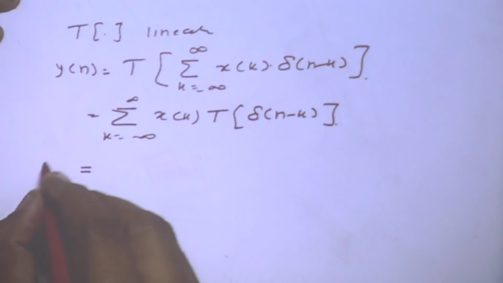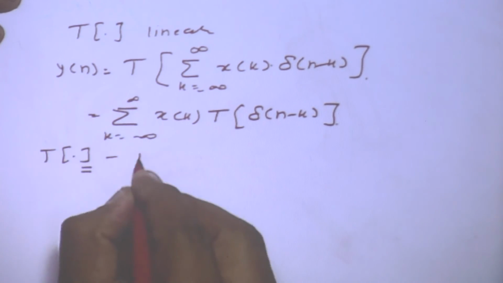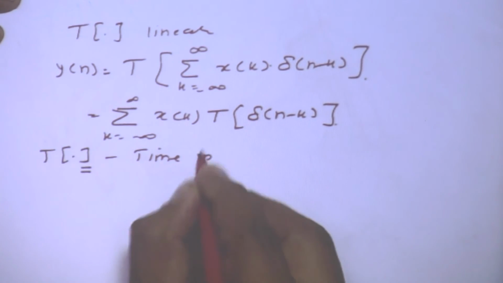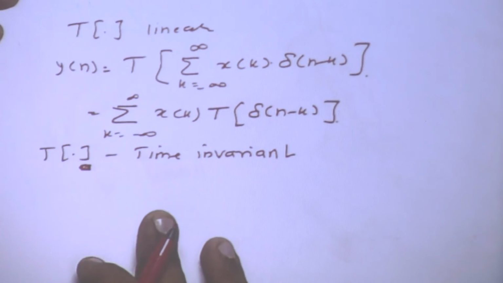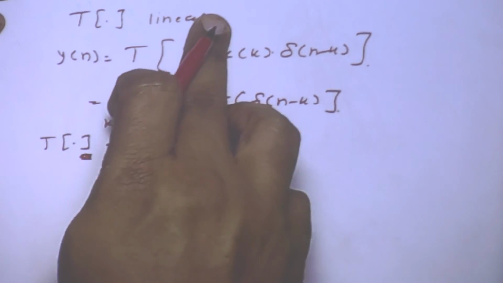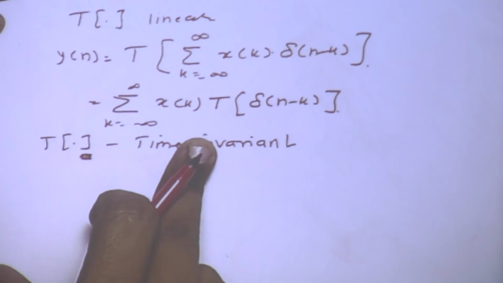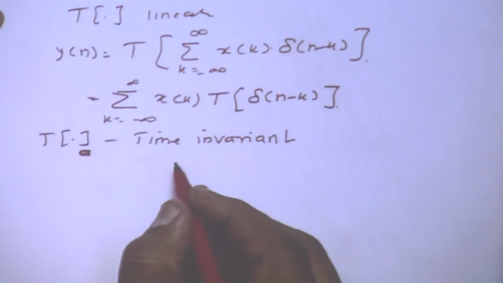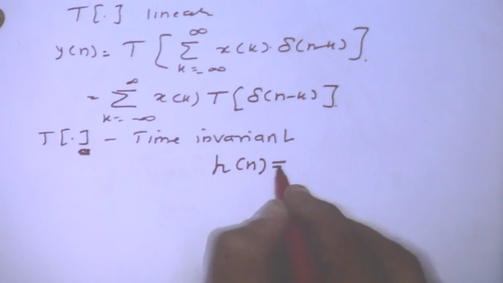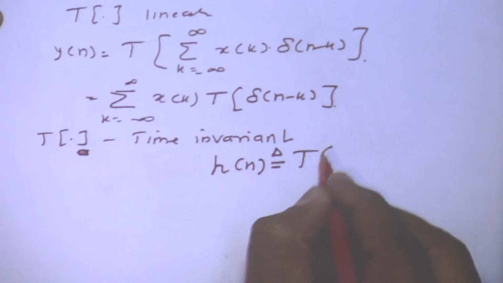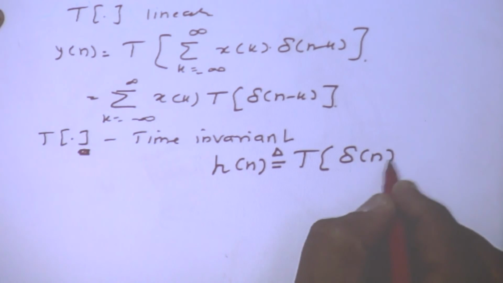This is equal to, now say that T is time invariant. Define T as time invariant. That means I am combining linearity with time invariance. Before going ahead, I define h[n] as the transformation of delta[n].